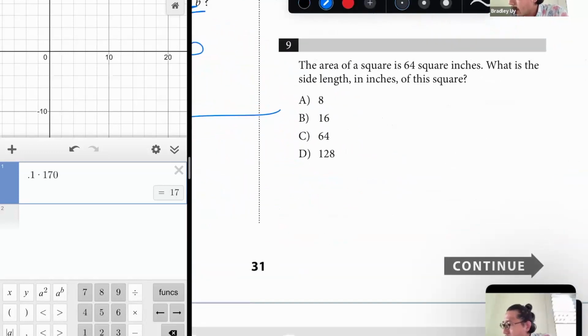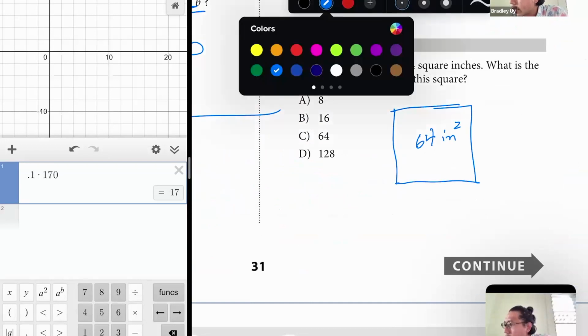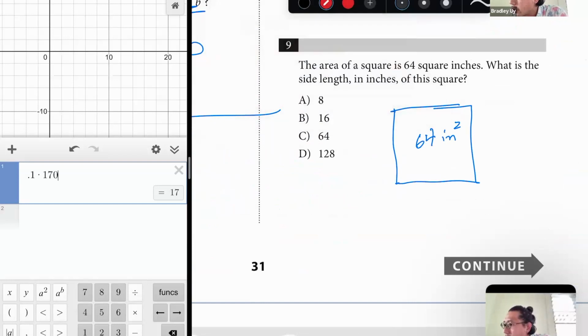Question number 9. The area of a square is 64 inches squared. So I'm just going to draw a square, not necessary, but the area is 64 inches squared. What is the side length? Again, squares are rectangles. The area of a rectangle is base times height. In this case, though, the base and the height are the same, so we can call it S if we want.